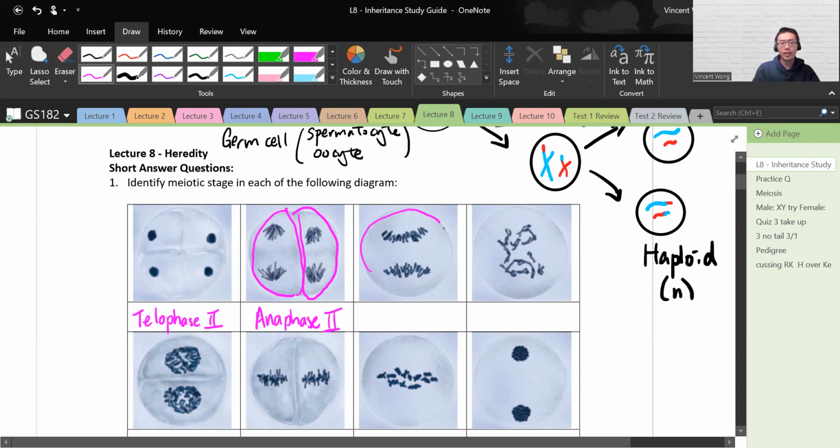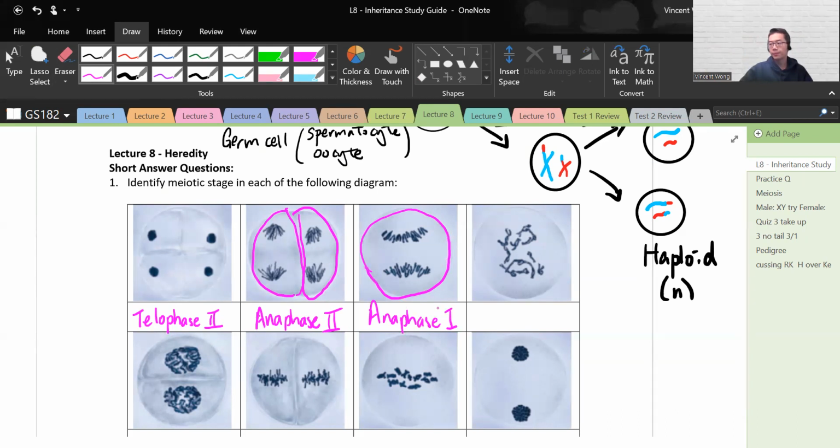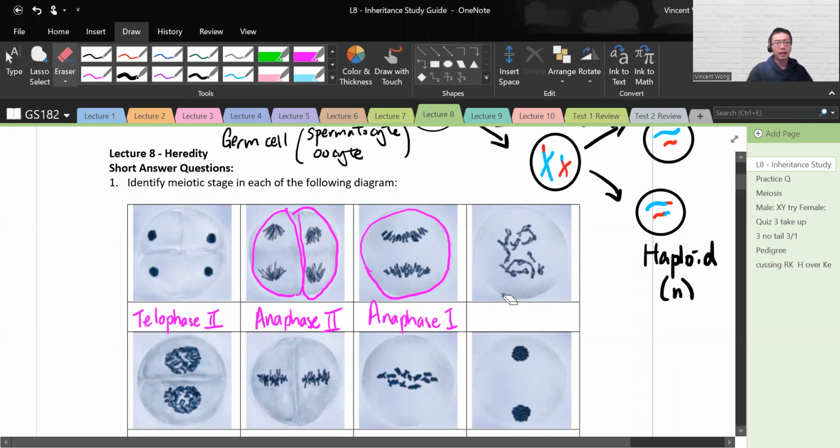Contrast to this, this is only a single cell, and we have the chromosomes moving to the opposite end. That would be anaphase 1. Okay. And the next one, we're gonna have just the chromosome lying around in the center, not doing much. That would be prophase. And we only see 1 cell. That's prophase 1.